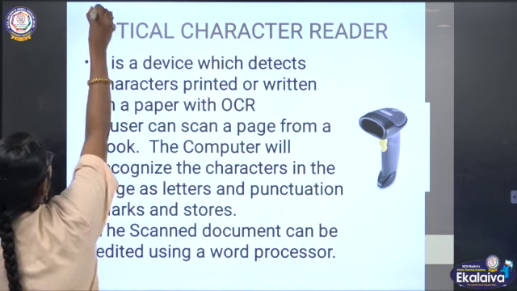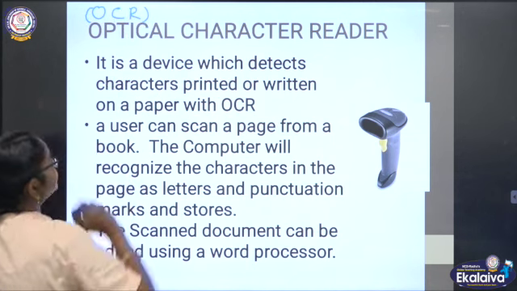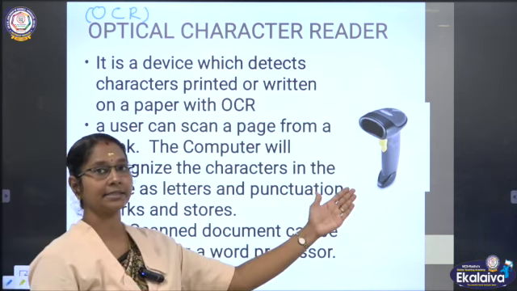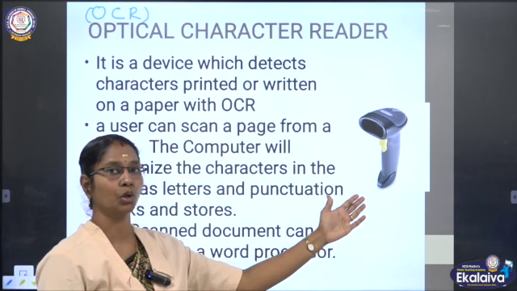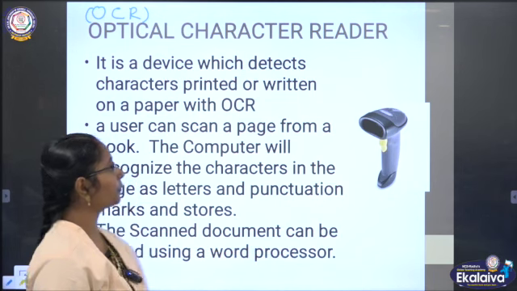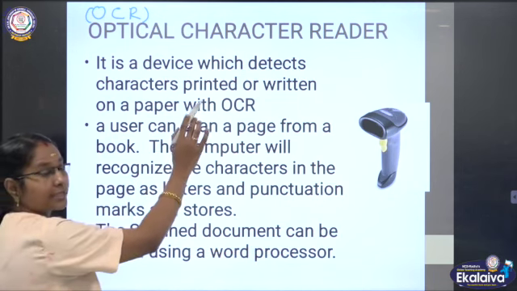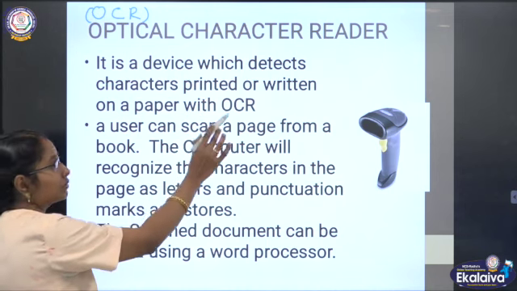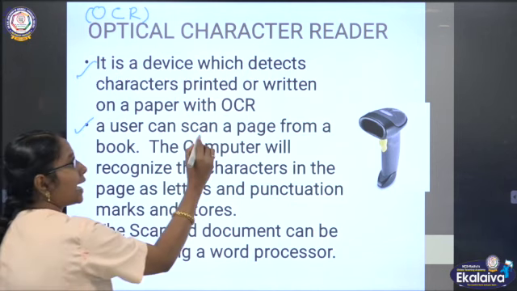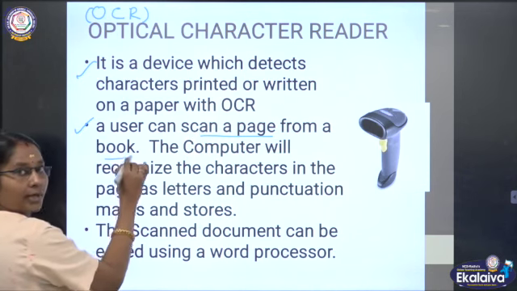Simply we say OCR. It is a device which detects characters printed on your book or on your paper. So it is going to scan. With OCR devices, a user can scan a page from a book.